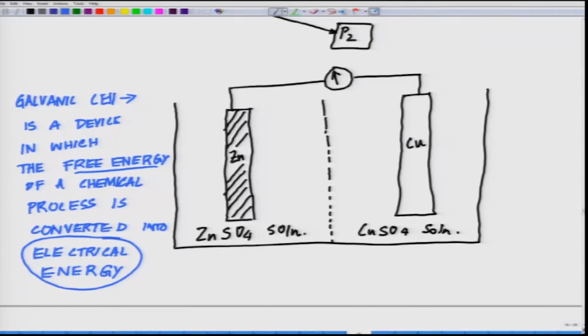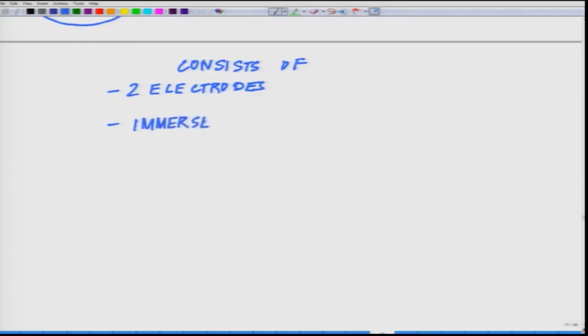Now, talking about the details of it, usually such a cell consists of 2 electrodes. Requirements are 2 electrodes, and these 2 electrodes are immersed in one or more suitable electrolytes. We will realize why one or more.